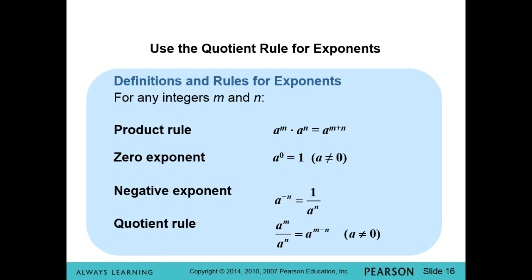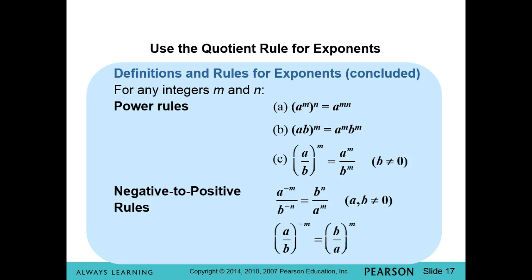What is that, by the way, folks? 1. Well, what if you use this rule? M minus m is 0. A to the 0 is 1. So you see, this one you can get from that. You don't really need a separate one there, but you could get it there. Okay? Now, I won't do any more.